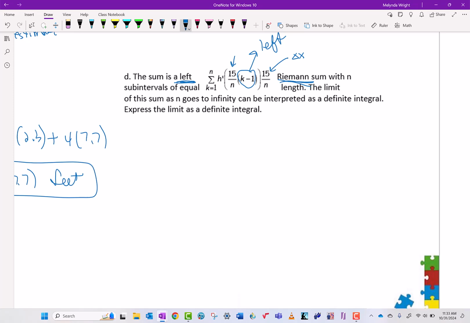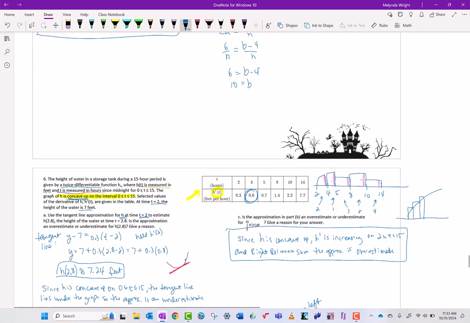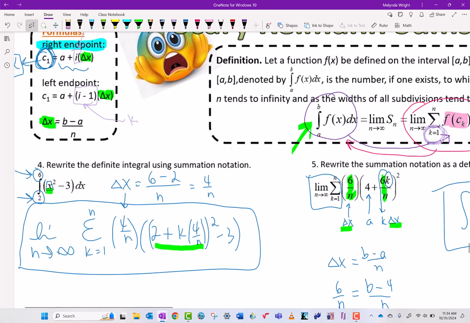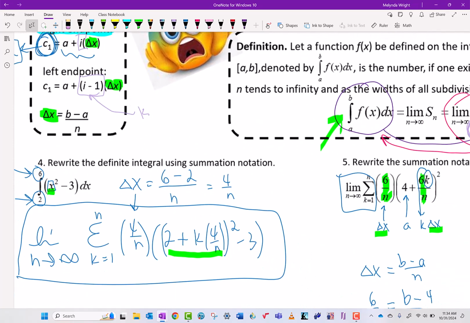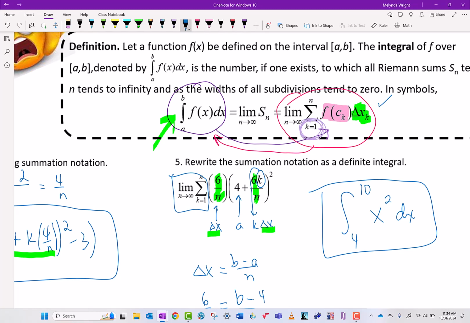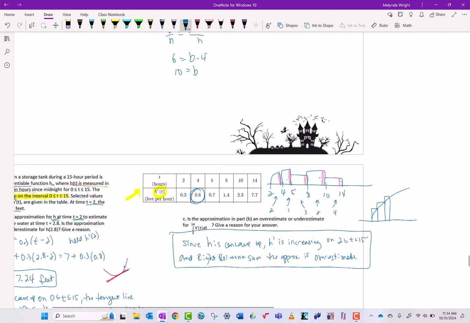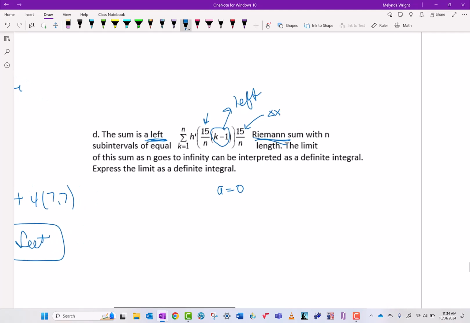That's what that means. Let's look at how these look. On this one right here, notice how the a was 4, and I'm adding to this delta x k business. But on the one over here, I'm not adding anything to this. So that means a is 0.